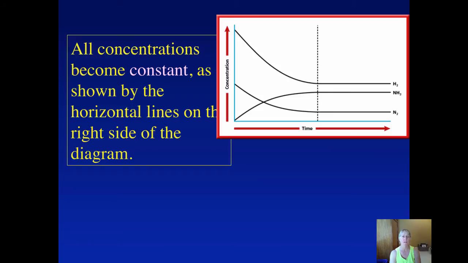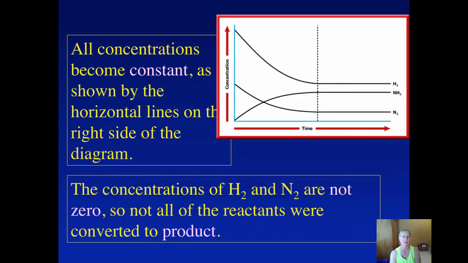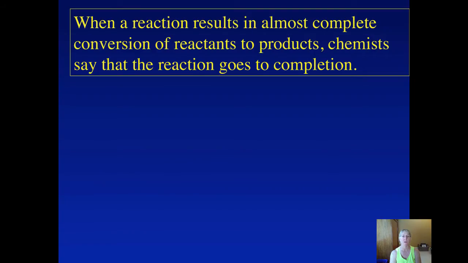We know that those concentrations become constant because the lines become horizontal or flat. And you know from your math class that a flat line means no further change. Notice that the concentrations are not 0 though, so not all of the reactants were converted into product.